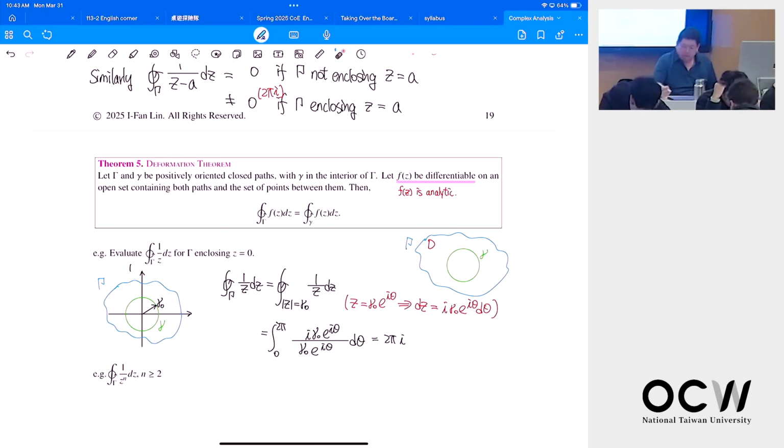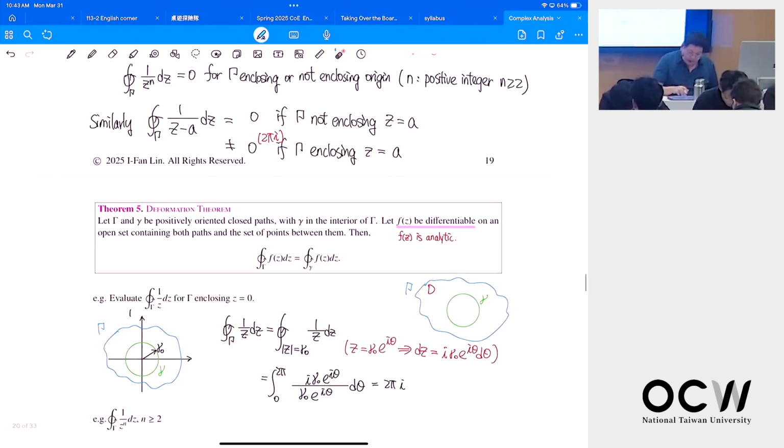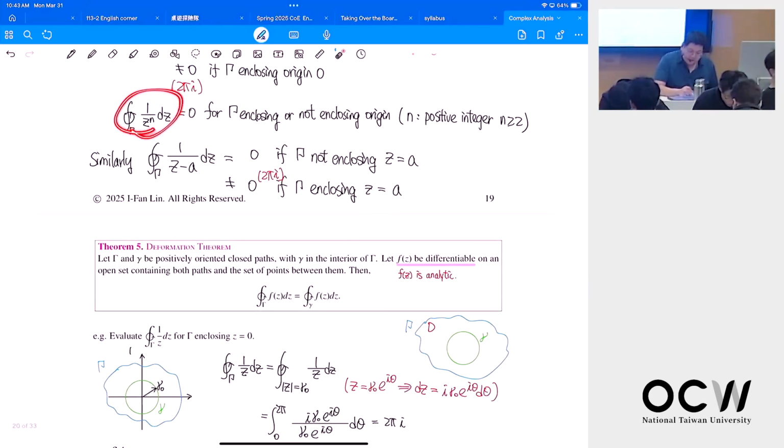Then you can also see that for 2 pi i, that means I contain the singular point. If I have a singular point, then I do the circular integration with a closed curve, and you'll get 2 pi i. But we just mentioned that in this case, no matter whether this closed curve includes the origin or not, this is always 0.